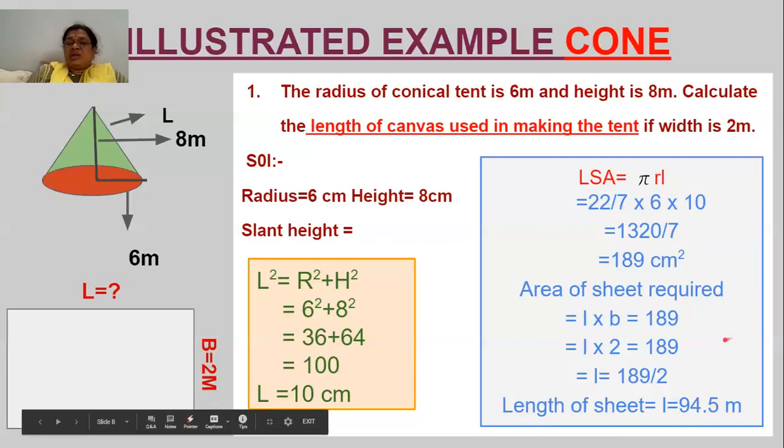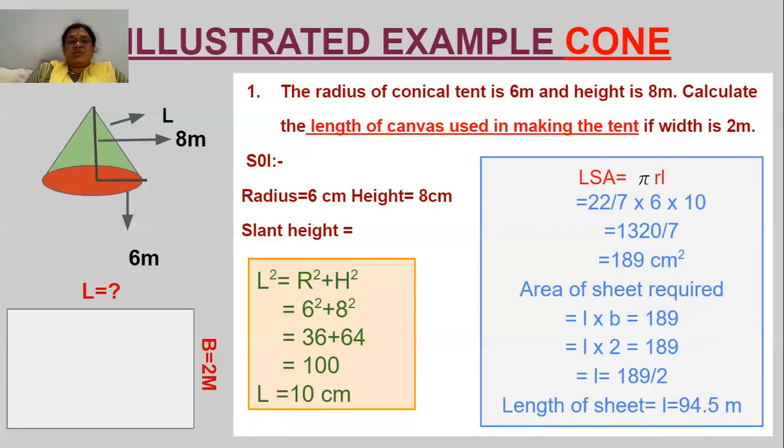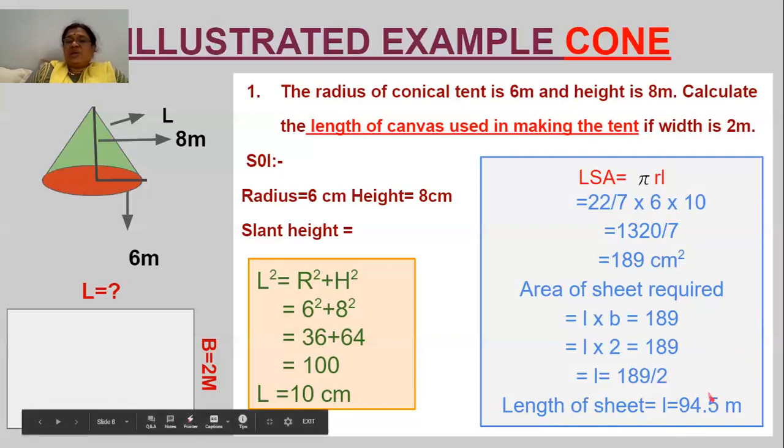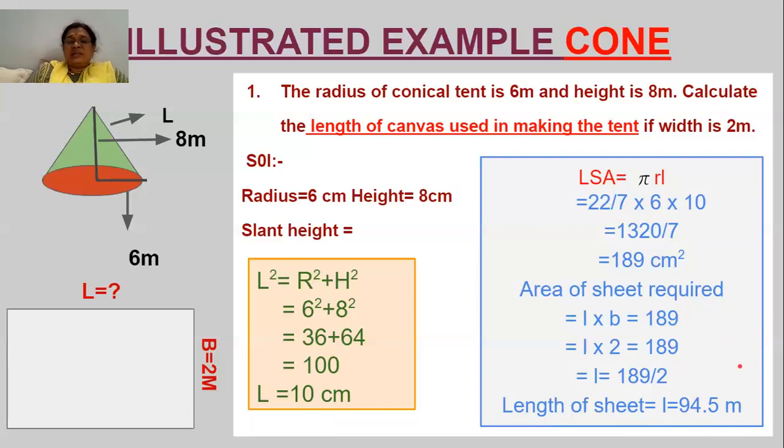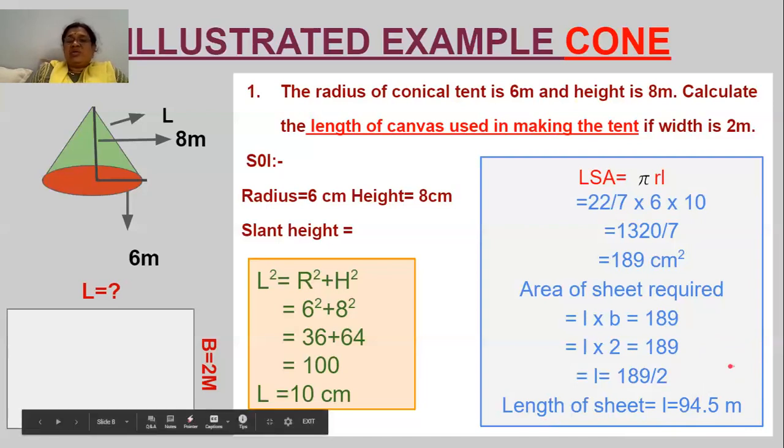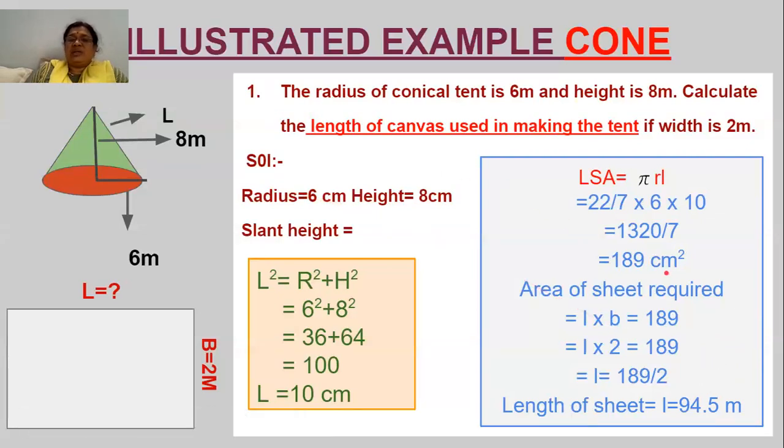So if a rectangle-shaped cardboard is given, when the breadth is 2 meters, the length should be around 94.5 meters. Then only you can prepare a conical tent like this.